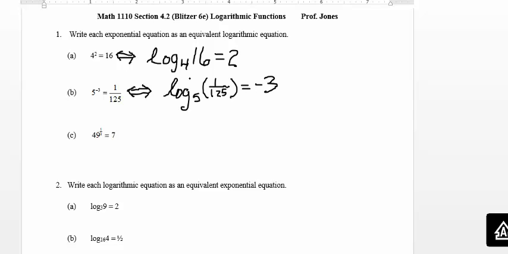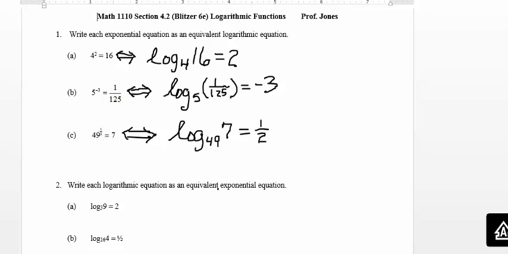So the thing to remember is the base of the exponent is the base of the log, and the exponent equals the logarithm. So 49 to the 1/2 power is 7 is equivalent to the base 49 log of 7 is the exponent 1/2.